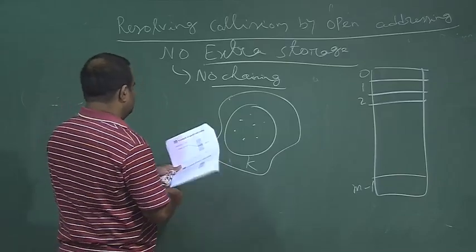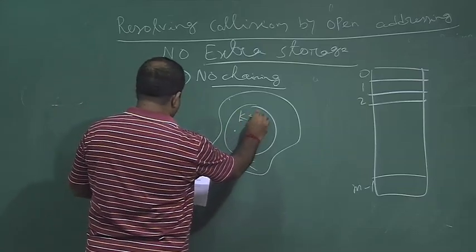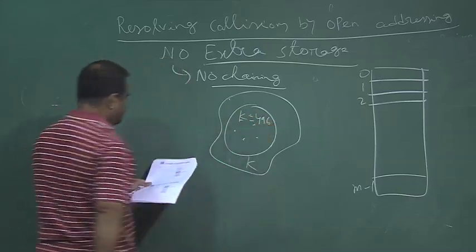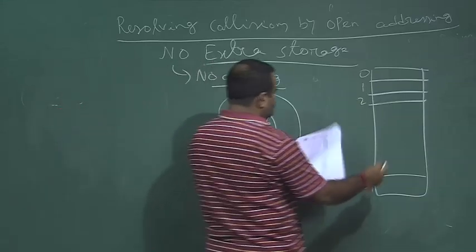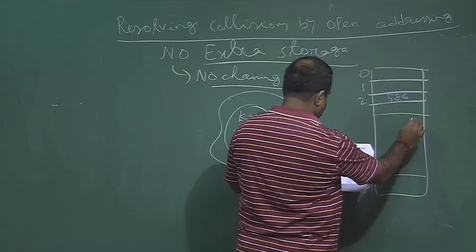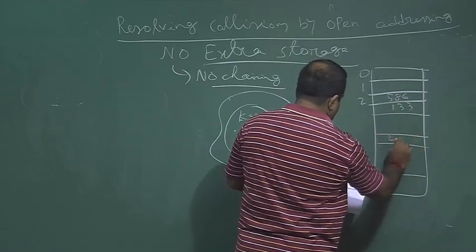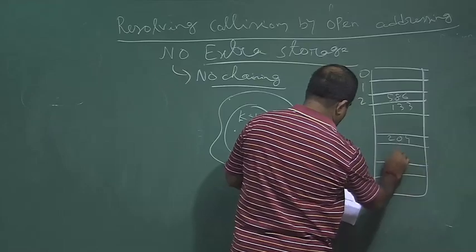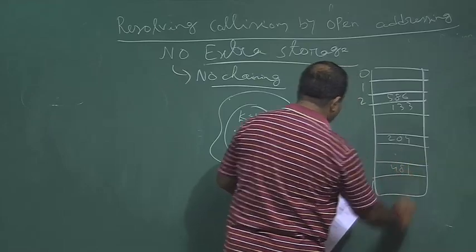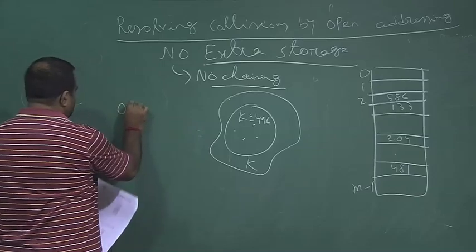So, suppose we want to insert k equal to 496 and we already have some numbers over here, say 586, 133, 204, 481. Okay. So, the 0th probe, what do we do?